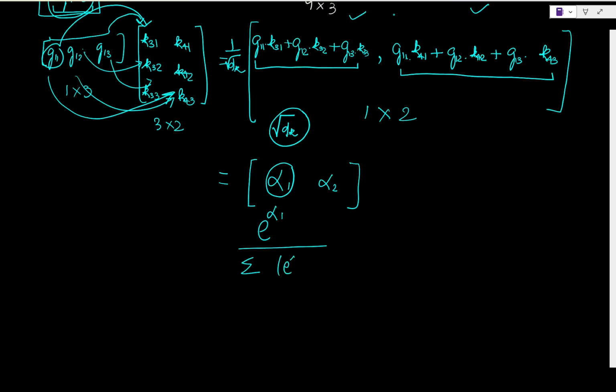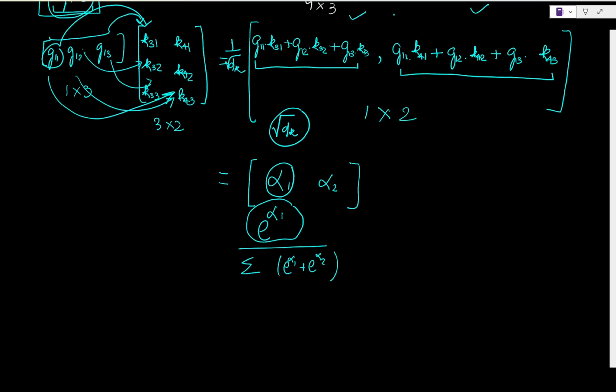In this case, it will be e to the power alpha 1 plus e to the power alpha 2. Why do we do this? We do this because if something has higher importance than something else and we take the exponentials, then that will be more represented. That will be more highlighted. So this is basically a weighting mechanism. We're trying to assign weights.